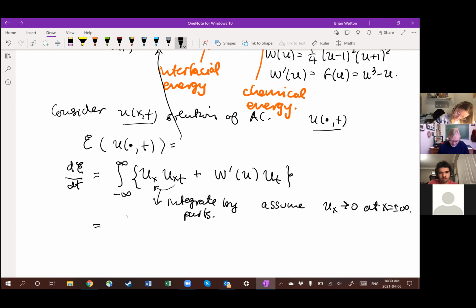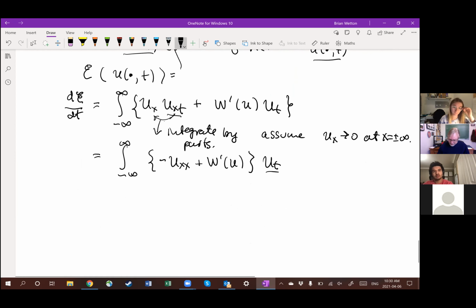So this is now the integral from minus infinity to infinity. Now I've got minus u_xx plus W prime of u, and it's all multiplying u_t, right? Once I take the x derivative over there, then I've got u_t. Right, and now let's look at what u_t is. That was u_xx minus f of u, so that's u_xx minus W prime of u.